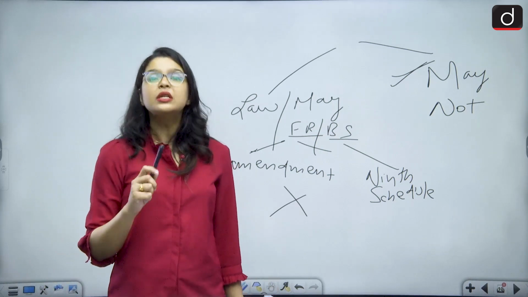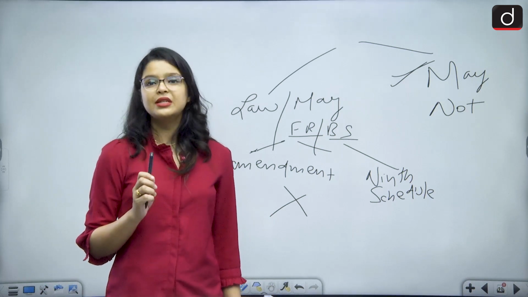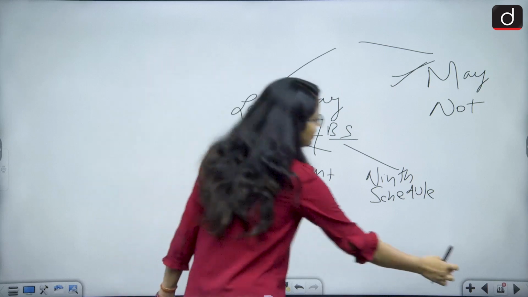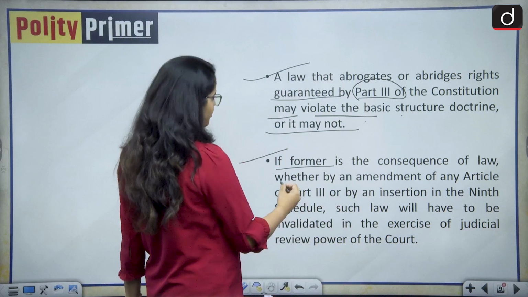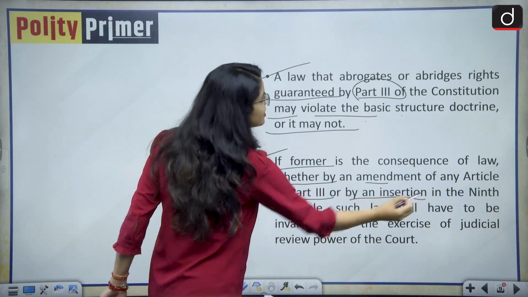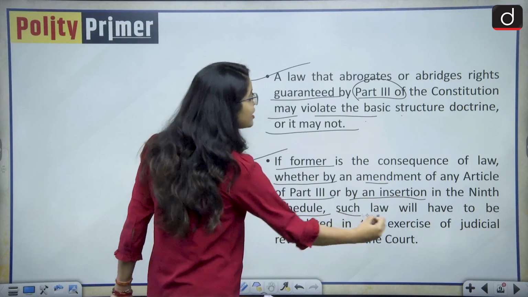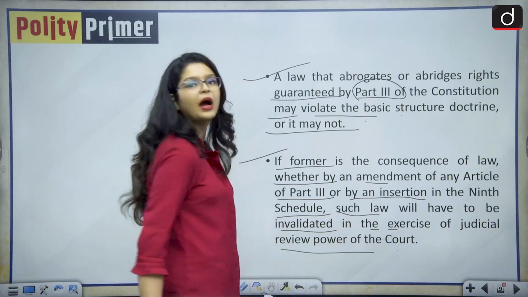So this was the first point of observation of the Supreme Court in I.R. Coelho versus State of Tamil Nadu. Then the second point: if the consequence of a law, whether by an amendment of any article of Part 3 or by an insertion in the 9th Schedule, is that it violates these, such law will have to be invalidated in the exercise of the judicial review power of the court.